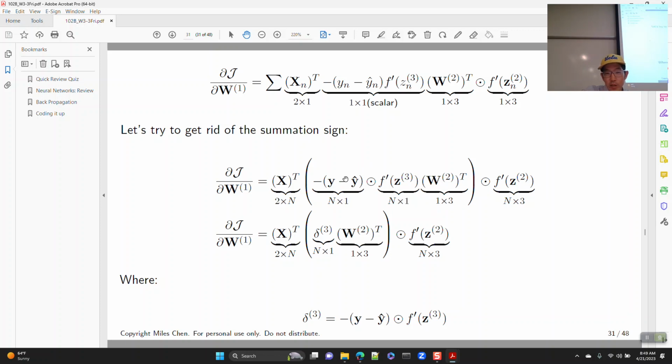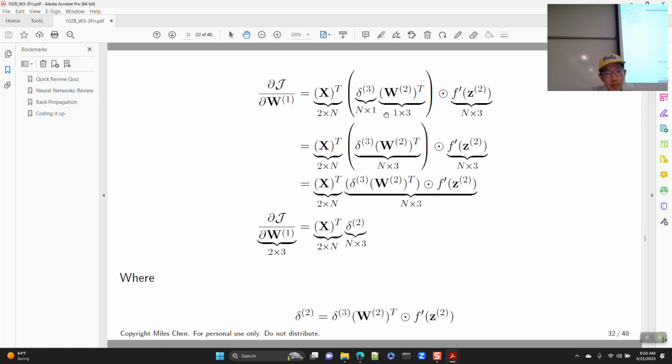And these will all combine with this n by 3 element-wise. So this entire thing is n by 3. We element-wise multiply it with this n by 3 matrix. And then we multiply that against our x matrix, which is 2 by n. And the result is going to be a 2 by 3.